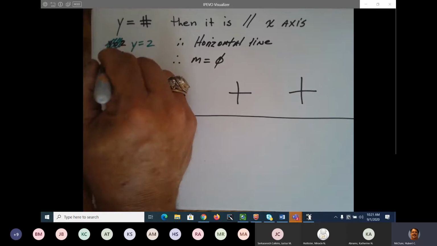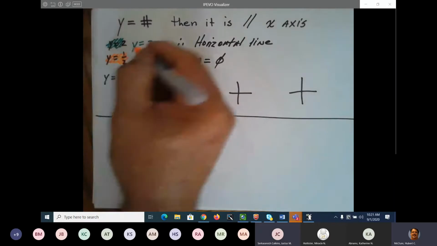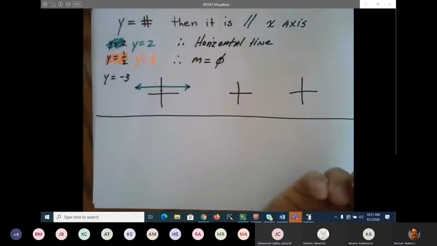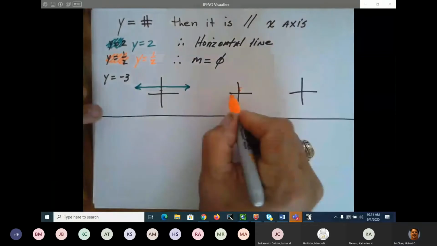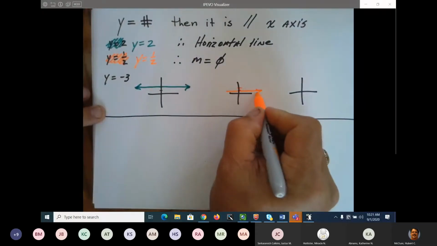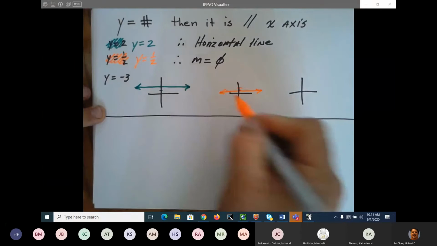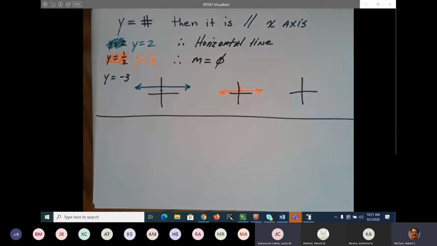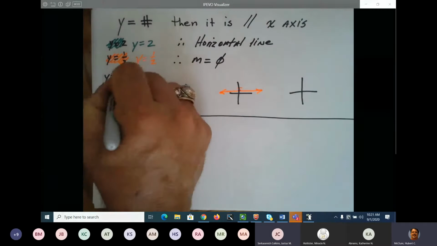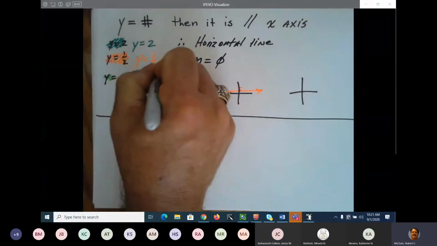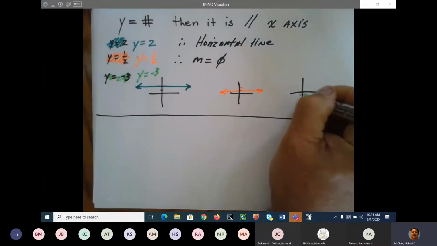Orange: y is equal to 1/2. There's 1, 1/2. And y is equal to -3. We'll do that in a verde color. Y is equal to -3: 1, 2, 3.